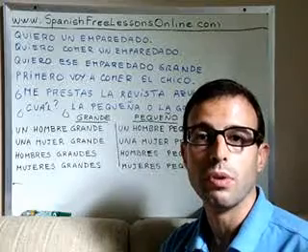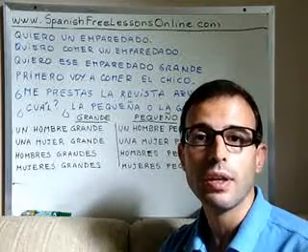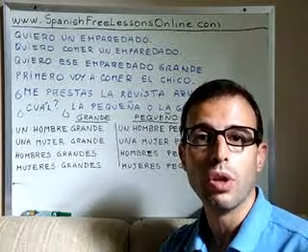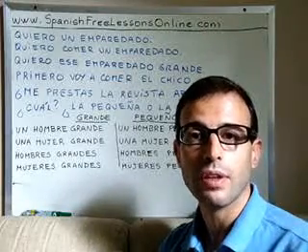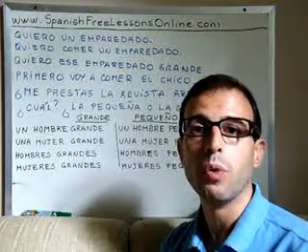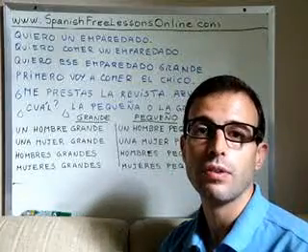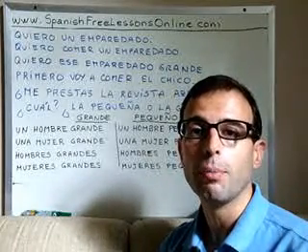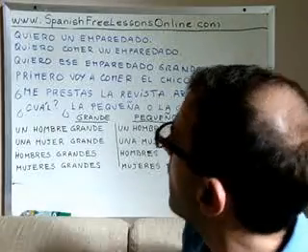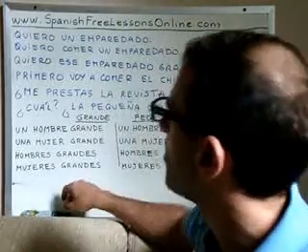Okay? So you will use verb ir as you would use will in English to say a sentence in future, right? You will say, I will eat. In Spanish you would say, voy a comer. So now let's see these few examples.